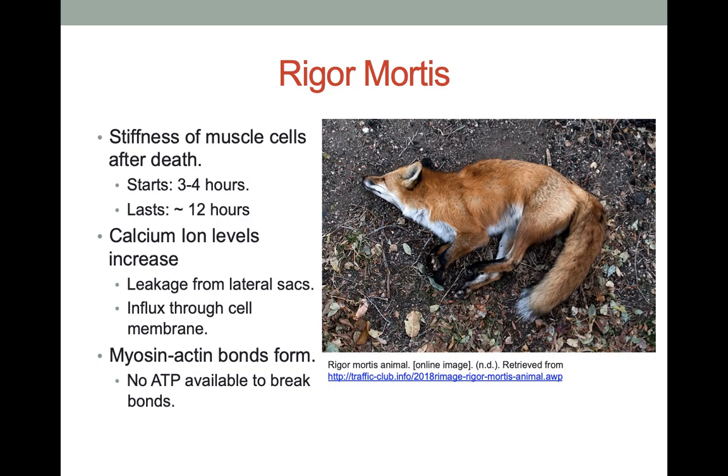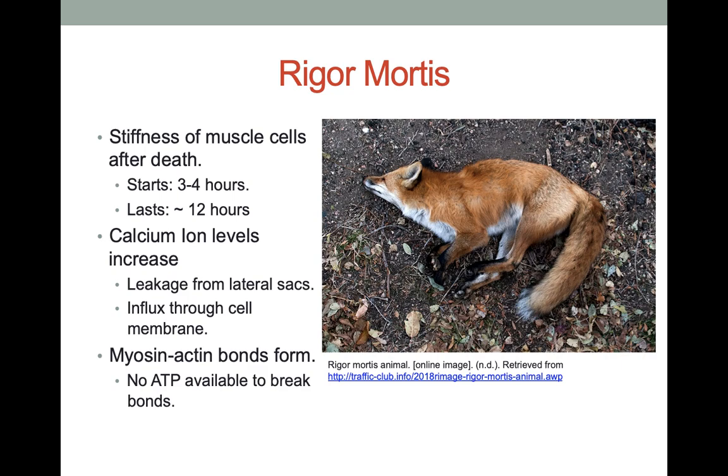So this increase in calcium ion levels does what it's supposed to. It removes the troponin and tropomyosin complex from the binding sites and allows actin and myosin to bind. Now, what's unique here is once that bond forms, we cannot break that bond unless we have ATP available, and dead cells do not produce any more ATP. So once we bind together, we are locked in that rigid position.